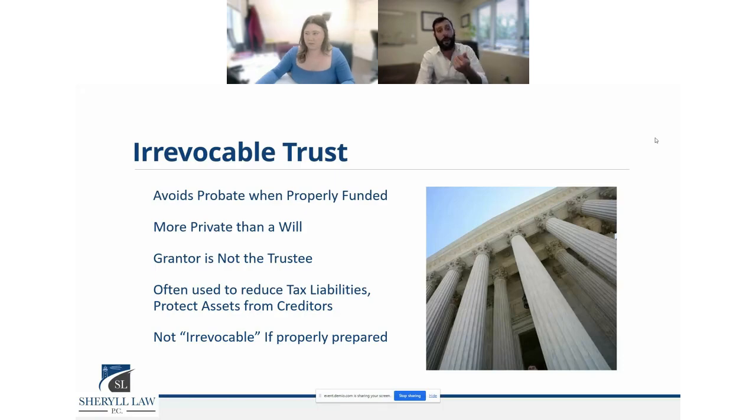Or it can go to a Medicaid trust, which we'll talk about in the next slide. But most times the grantor is not the only trustee. And in fact, if you created a living irrevocable trust for the purposes of Medicaid, you couldn't be the trustee. You'd be giving up control over your assets. But we'll talk about why that's not such a bad thing or doesn't quite mean what you think it means.